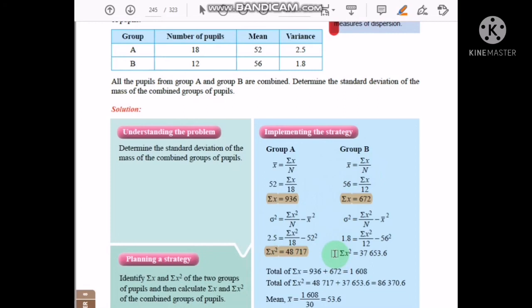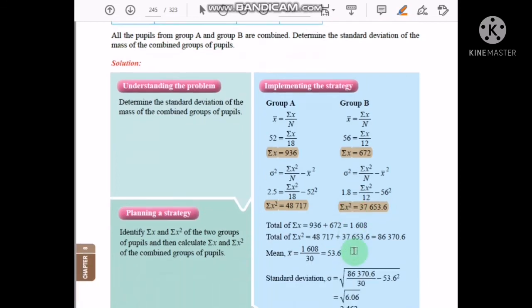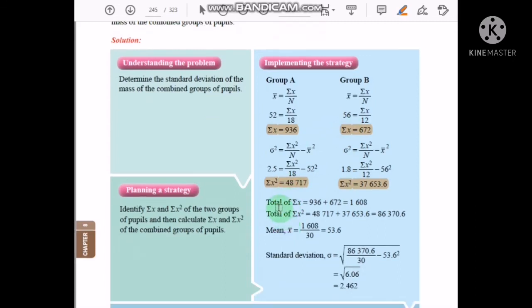Same goes for group B, and this is the result for the total sum of x square. After you have got all these values, the total sum of x is, for group A, 936 plus 672, and you will get the total 1608.